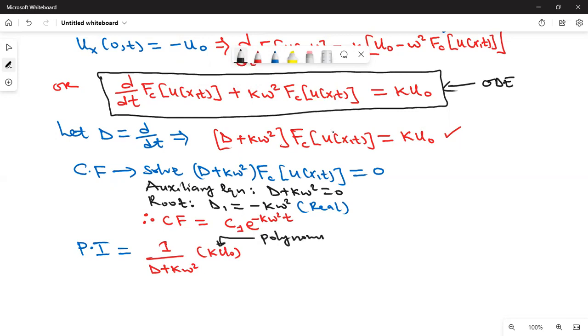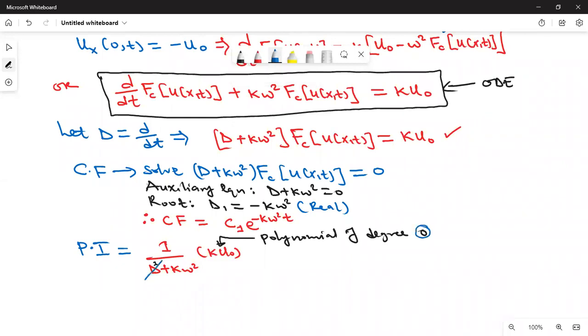So what does it mean? You check the degree of those D operators, the power of the D operators. If you find that the power is greater than the degree of the polynomial, then it is advisable that you drop such terms having powers which are greater than the degree of the polynomial. So you look at our D operator, it is D raised to 1. 1 is greater than 0. So what will I do?